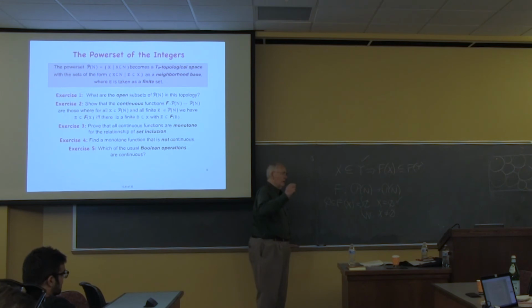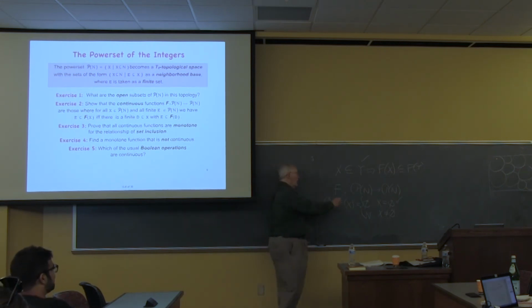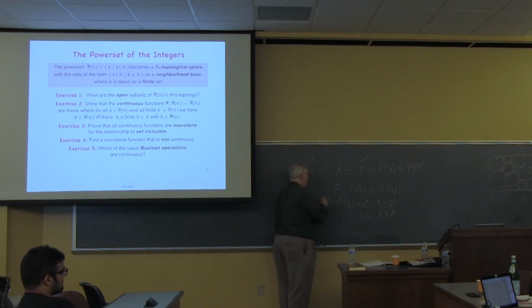This is going to be continuous, so this is not the example we want, because if x is empty, f of x is empty, so the only neighborhood you can get of it is empty, because that's the only finite approximation to empty.